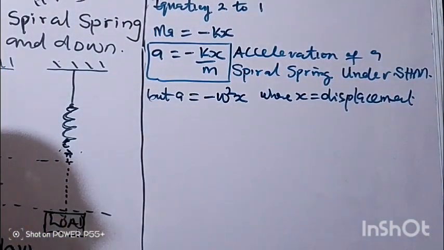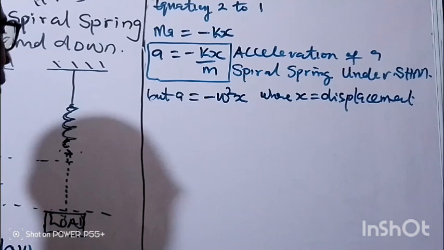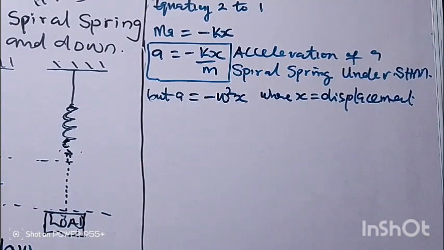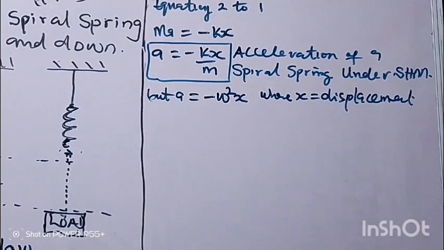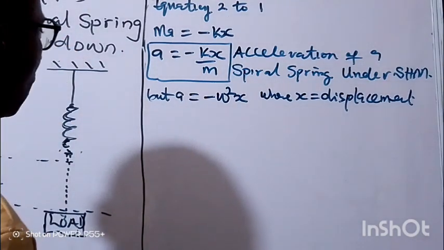And a also is minus because, don't forget, the definition of acceleration of simple harmonic motion is that it is always directed toward the fixed point or toward an equilibrium position.